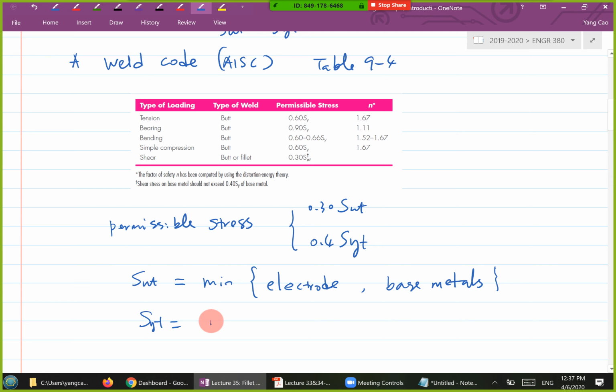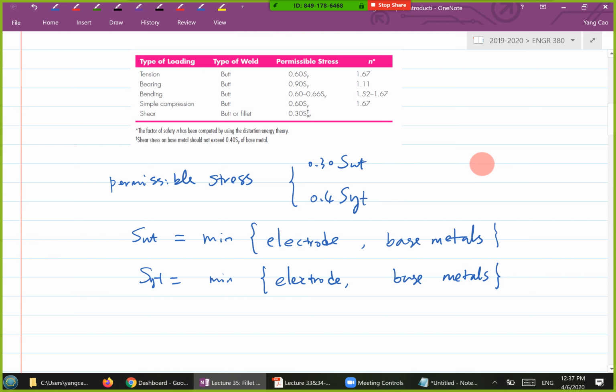Similarly, you find the minimum value for SYT from the electrode and also the base metals. Once you find the two minimums, then we substitute SUT, SYT into the welding code equations of these two here. And then I take another minimum. What comes out of this will be your permissible stress.